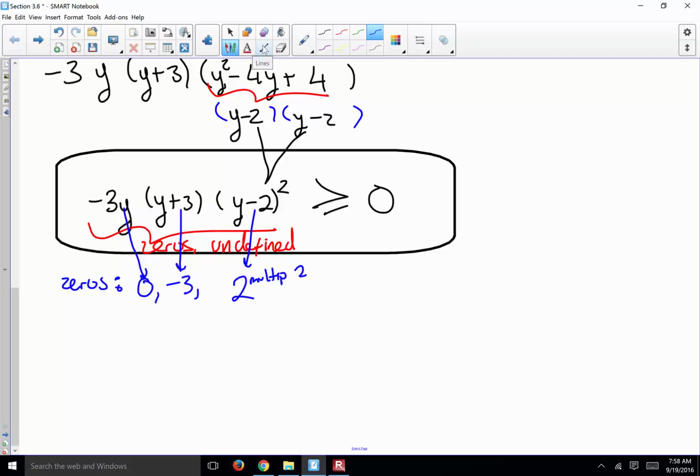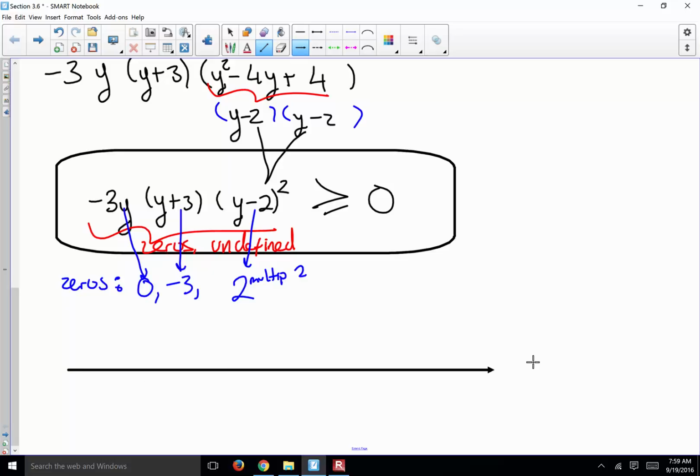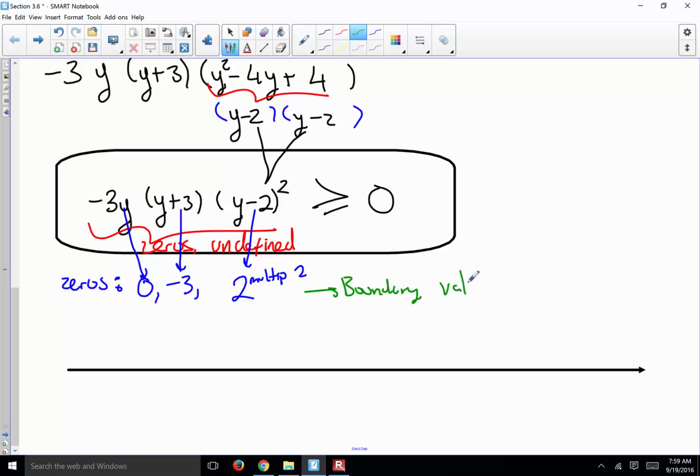Now what is next? Very close to the result. What I'm going to do is take a real line. Why do I need these 3 values and also undefined values? Because these are called boundary values. I'm not going to call them zeros anymore.